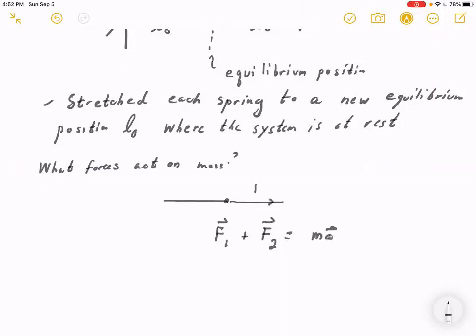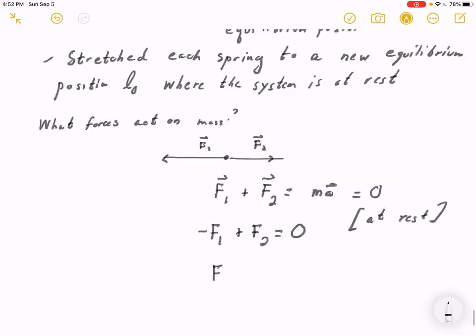So there's F sub 2, there's F sub 1. But again, this system is at rest, so there's no acceleration. If we resolve this into its vector components, in order for this system to be at rest, F sub 2 and F sub 1 have equivalent magnitudes.